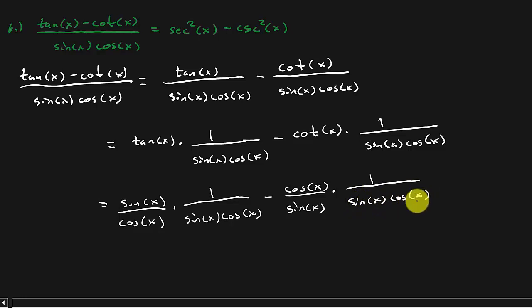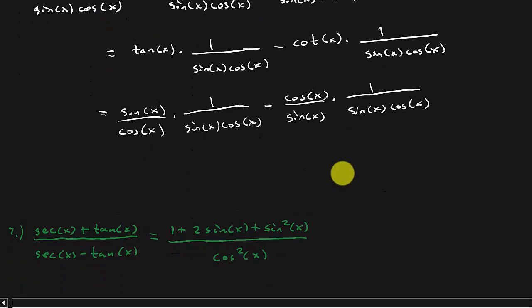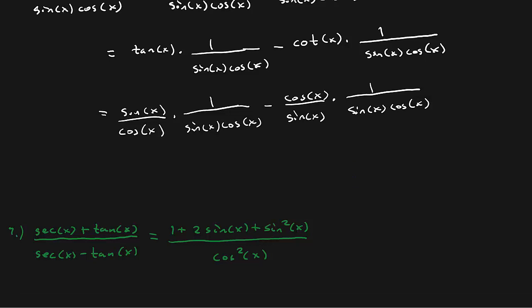Hopefully you can see that by splitting this up like I did, once you write the tangent and the cotangent in terms of sine and cosine, it makes it easier to multiply now.